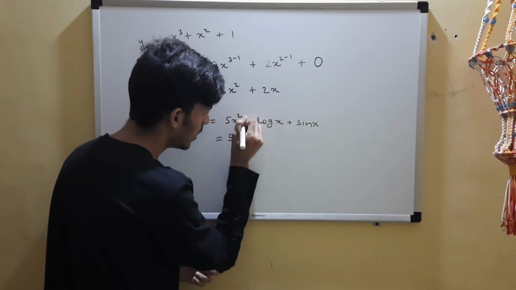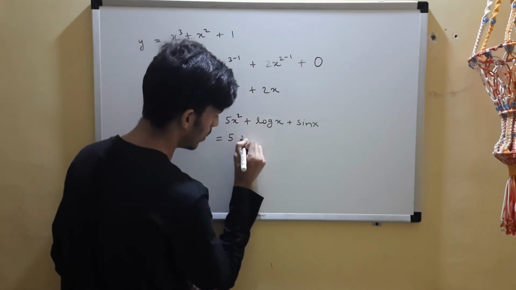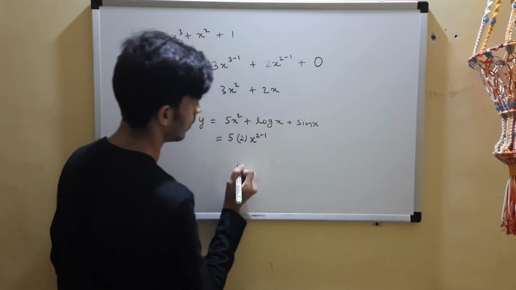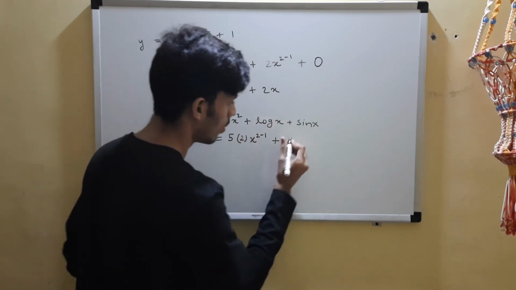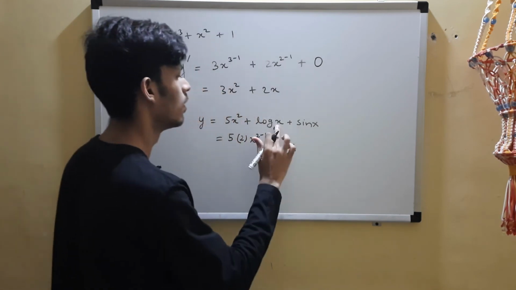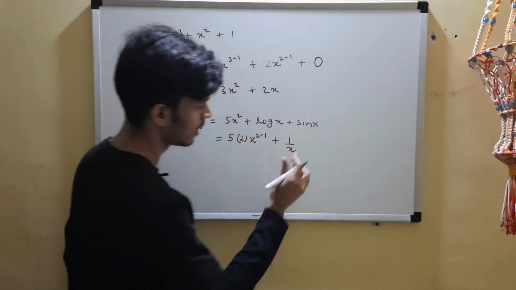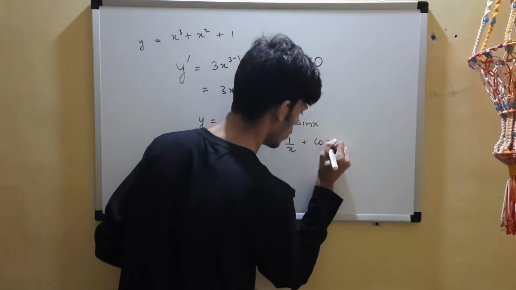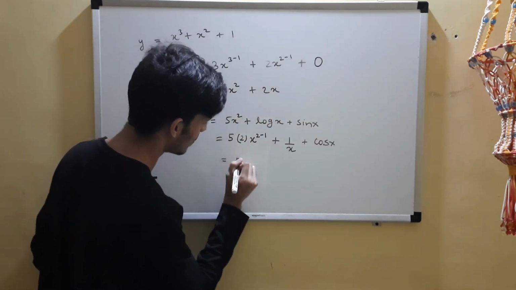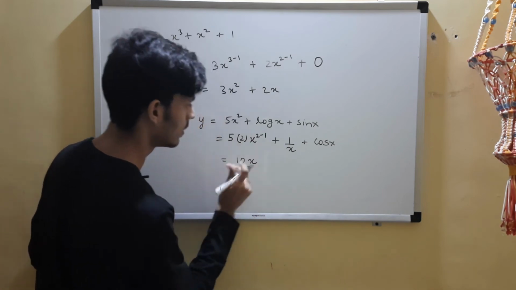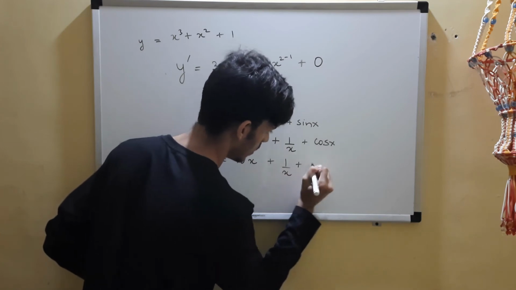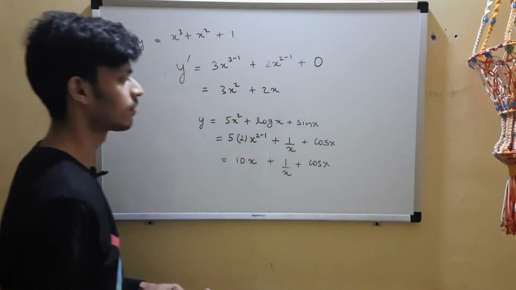Now you differentiate this, it's like x to the power n, so n comes down and x to the power 2 minus 1. Log of x, it's ln of x basically, log to the base e. Log of x gives 1 by x, sin x gives cos x. So here you'll get 10x, 1 by x plus cos x.